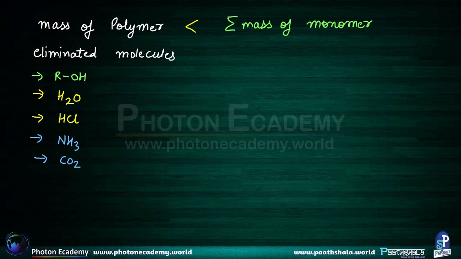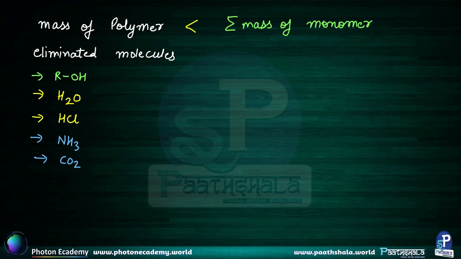So molecules like these are eliminated to give us these condensation polymers. Now, condensation polymers are those polymers which are formed by joining of smaller units of monomers and also involve the elimination of smaller particles.